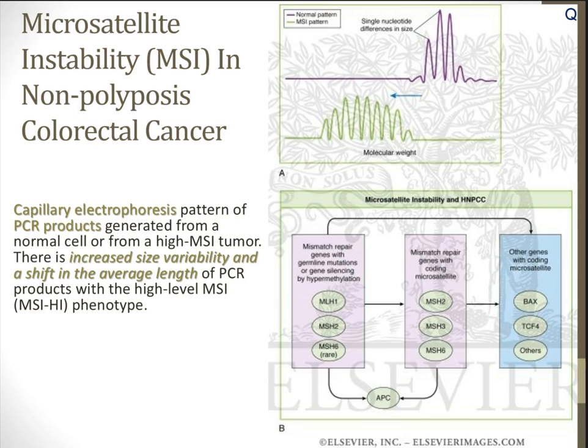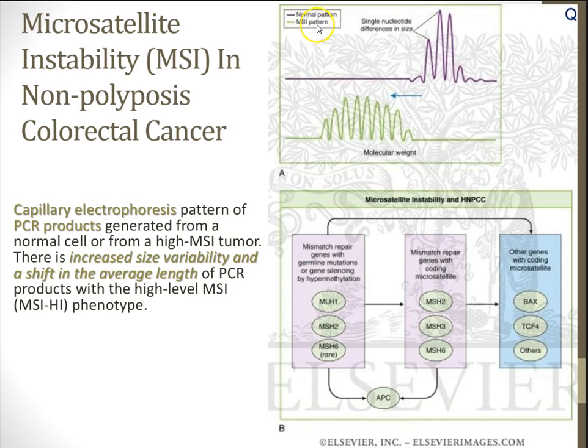Another indication of genome instability is something we call microsatellite instability. Microsatellites are basically DNA repeats that we find throughout the genome on just about every chromosome. Usually, the size or length of these repeats is maintained at a certain molecular size or nucleotide size.